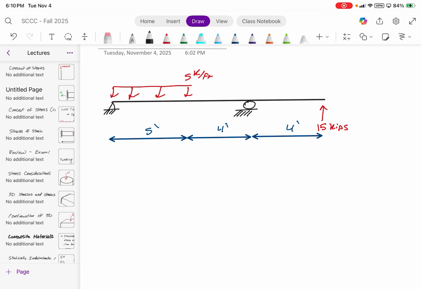You guys technically already have the design tables. They're all in your packets right here.